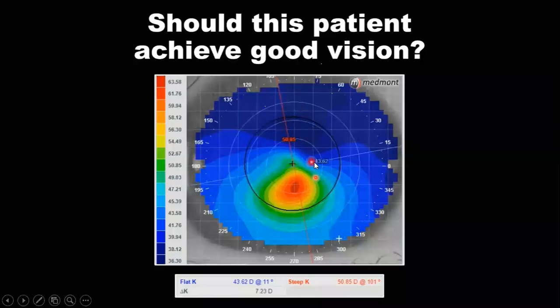In the horizontal meridian, it is a kind of similar pattern. If you compare this area with this area, it is a kind of mirror image of each other. But the vertical is very different. And if you see the K reading, it gives an astigmatism of 7 diopter. So it's quite a high astigmatism.